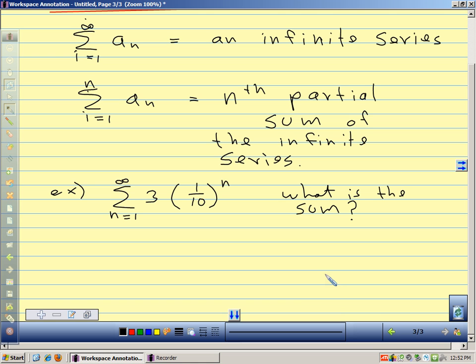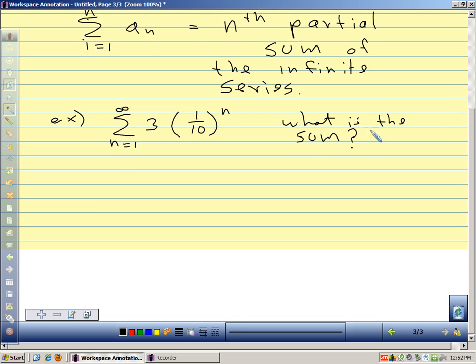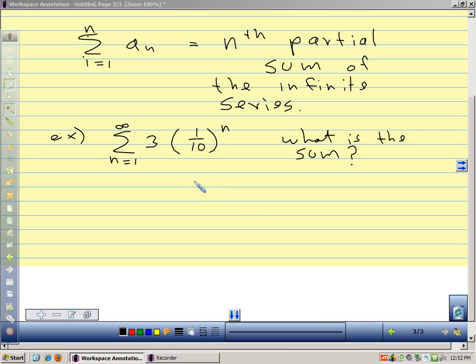Now we can't start writing down numbers and add up all those infinite numbers together, but what we can do is look at the partial sums and see if we see a pattern.